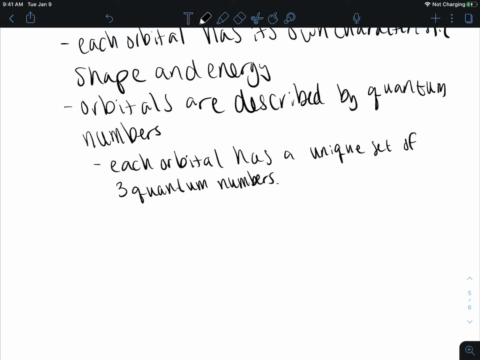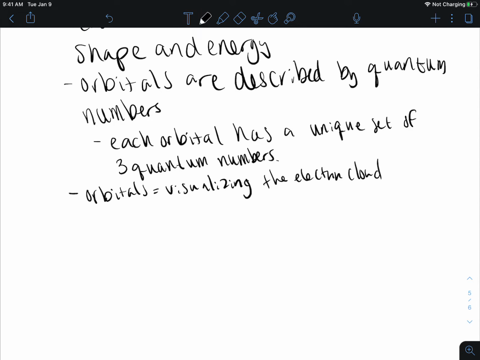So basically we're visualizing the electron cloud here. So the orbitals are visualizing the electron cloud. It doesn't say how the electron moves because of the uncertainty principle. It just says, okay, out of the 5 billion times we looked, it's most likely to be here, less likely to be here.